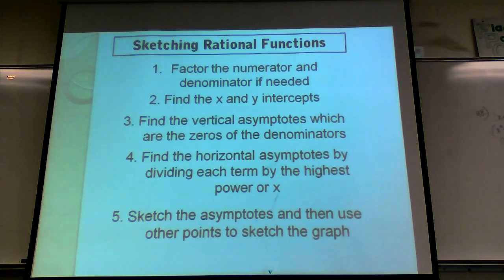It's like one other thing you can add here. But everything that's up there right now relates to either having the exact same power on top and bottom, like the highest power being the same on top and bottom, or having a higher order polynomial on the bottom than the numerator.